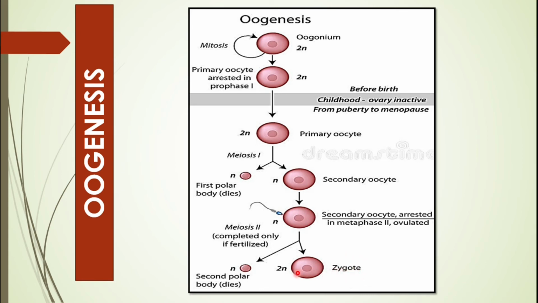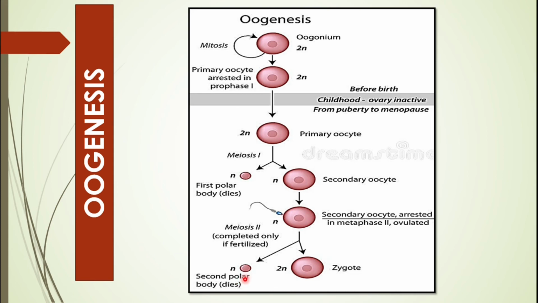It's called a zygote only when there is a combination of the genetic material from the sperm and the ovum. But once there is an N plus N situation, it is known as the oocyte or a fertilized ovum. The second daughter cell is known as the second polar body. It is also a small little cell which eventually dies.